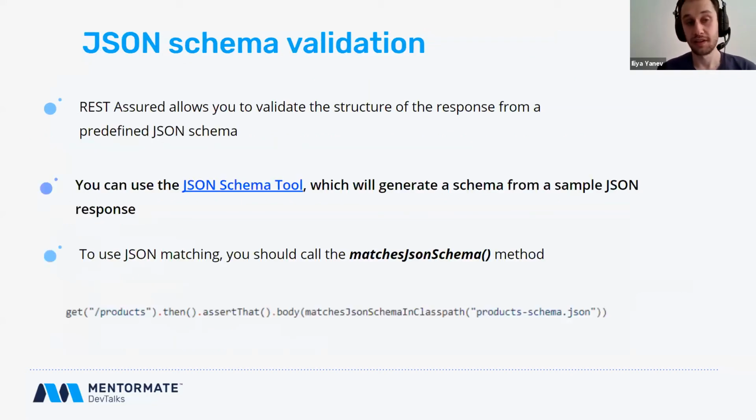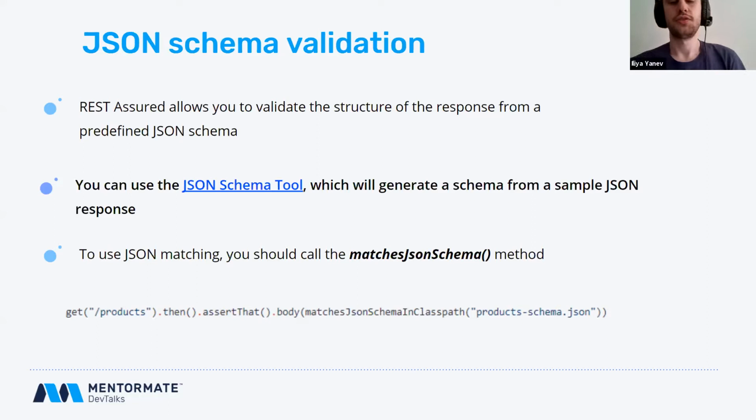One other thing that Rest Assured gives you is JSON schema validation. What a JSON schema is, pretty much, is a specification for what a JSON should contain, what the fields should be, what their data type is, even what the order should be in the JSON.